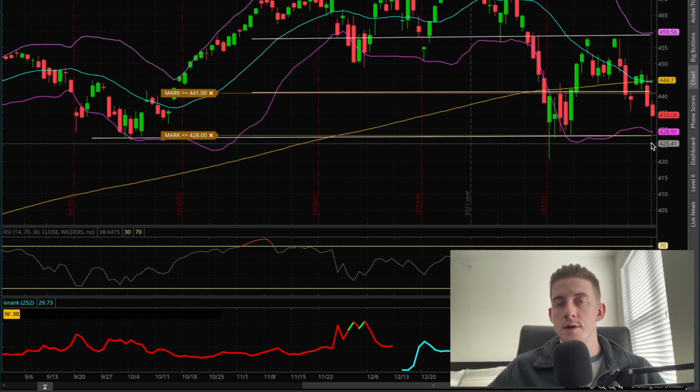So bottom line here is if you are involved in the market right now, please be very careful about placing bullish positions. I know it's very easy to say that stocks only go up. And for the most part, if you look at the long-term history of the market, yes, indeed, stocks do generally climb higher. But along the way, in the short term, we might see some pretty big bear markets or some crashes.